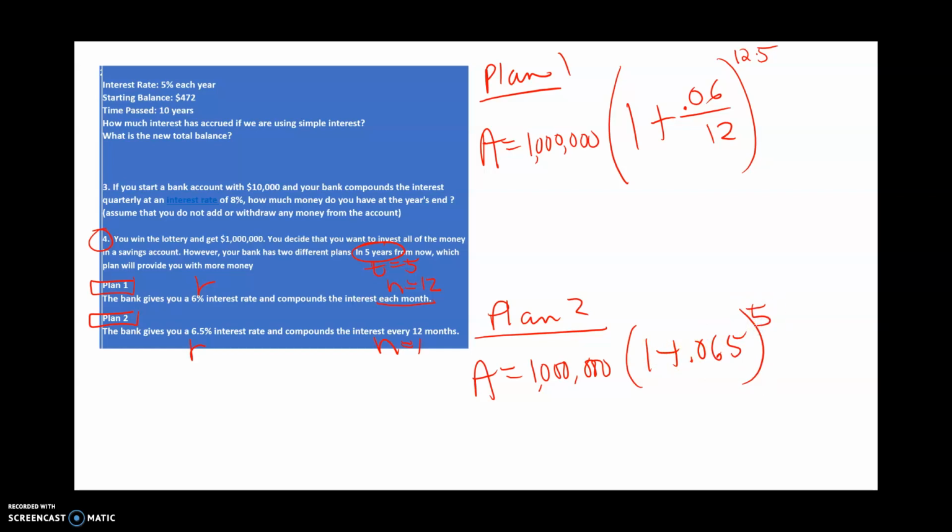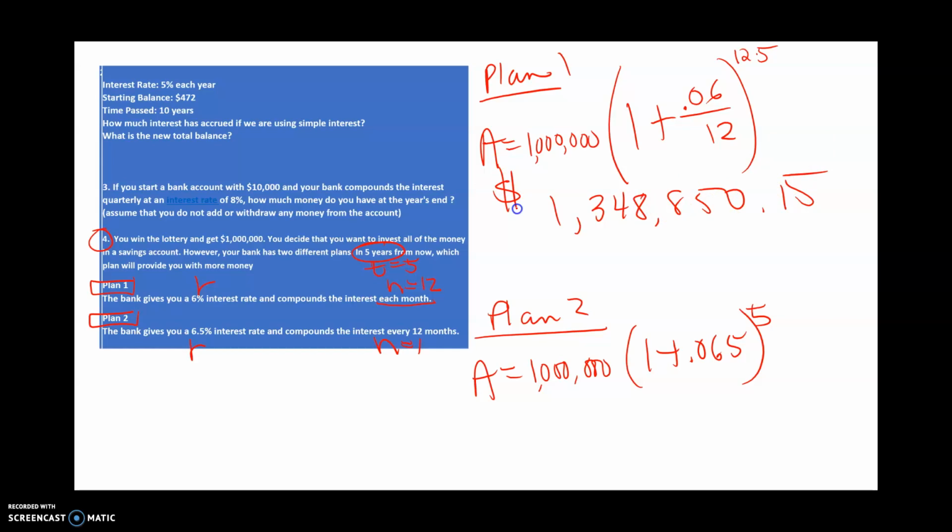So let's see what numbers we come up with. All right, 1 plus 0.06 over 12. I'm raising this to the 60 because it's 12 times 5. Going to multiply it by the million. I have $1,348,850.15.